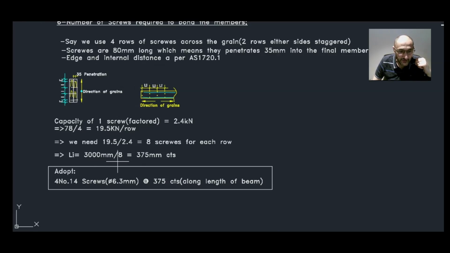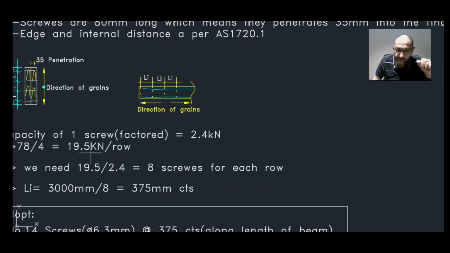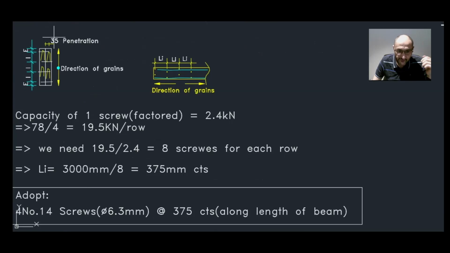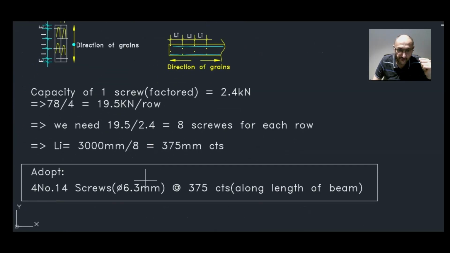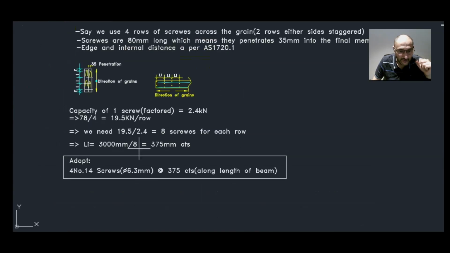So Li, which is the distance internally along the grains, would simply be 3 meters, 3,000 divided by 8, and that will be 375 millimeter centers. Okay. And I think AS 1684 gives us a maximum value for the centers. It's 2 times the beam depth.